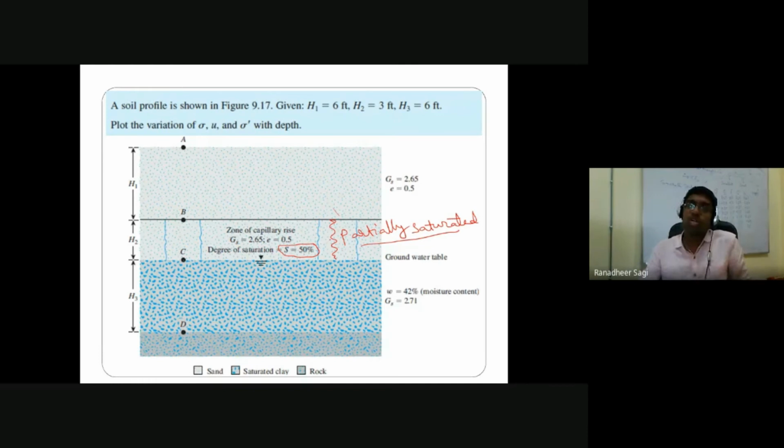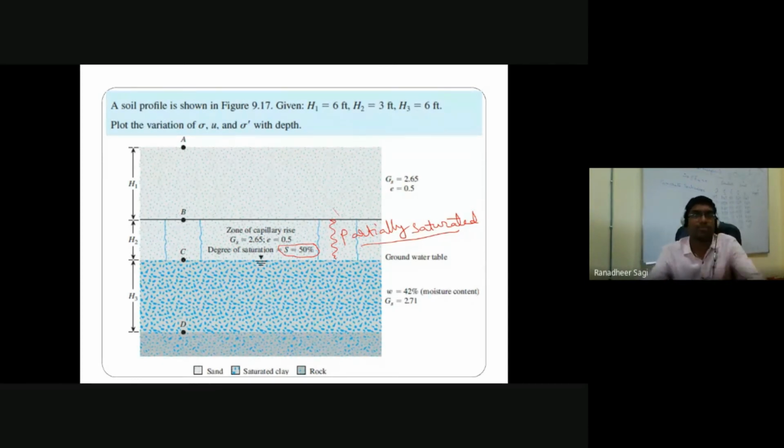In the sense, only 50% of the void spaces in that soil strata from point B to point C, over the depth of h2 meters, are filled. In that depth the soil is in the zone of capillary rise, but it is partially saturated. It's not completely saturated.